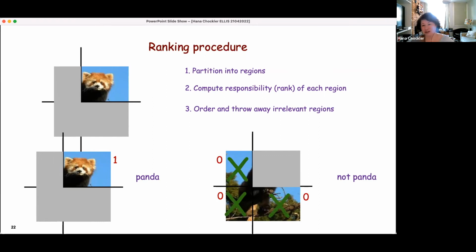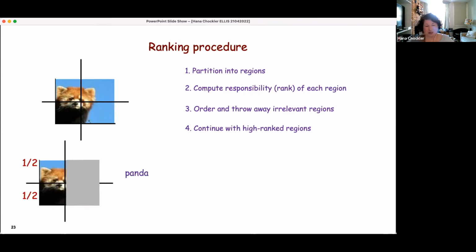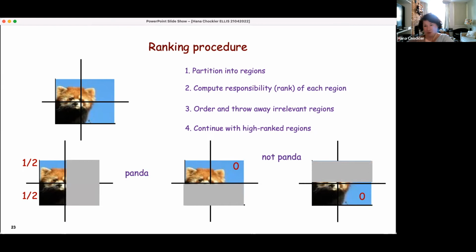And then we continue partitioning only the regions that are left in the ranking, starting with the highest ranked region. So now we partition this one, we cover, and we say, okay, this has responsibility half, and this one has responsibility 0, and the bottom corner also has responsibility 0, for example. So we continue with high ranked regions.